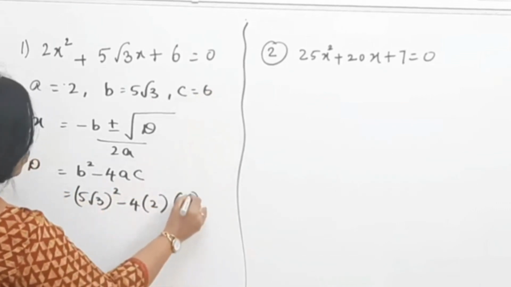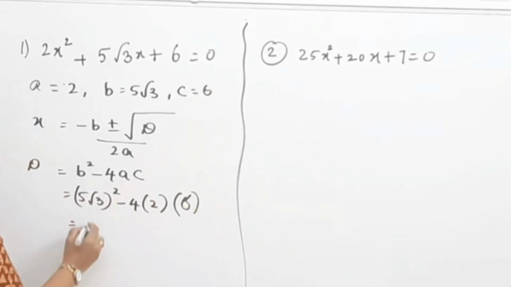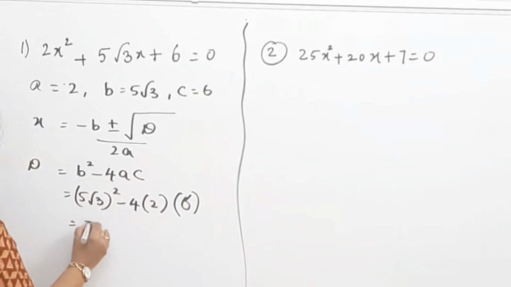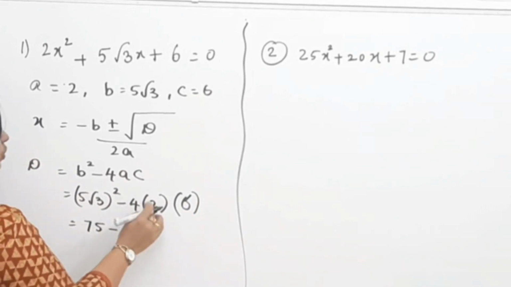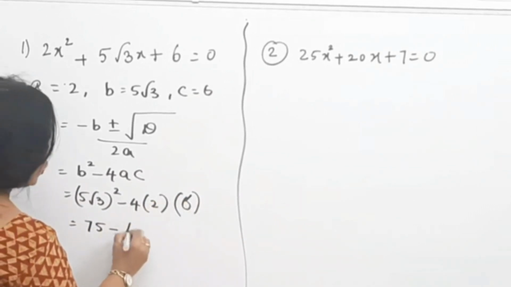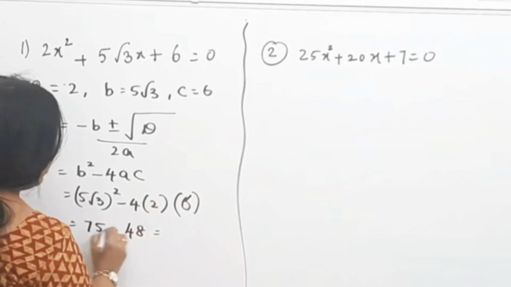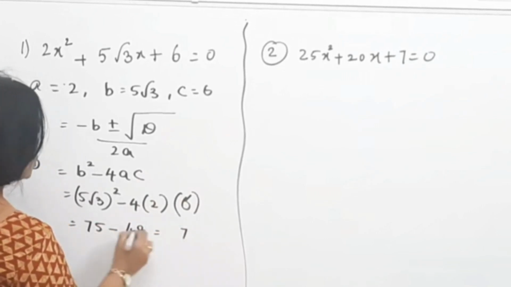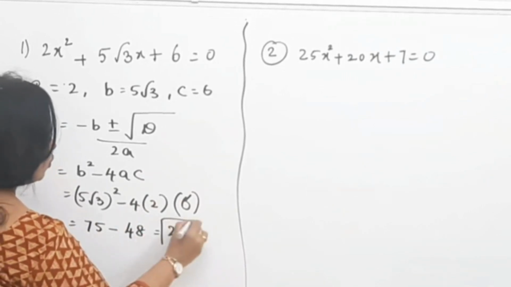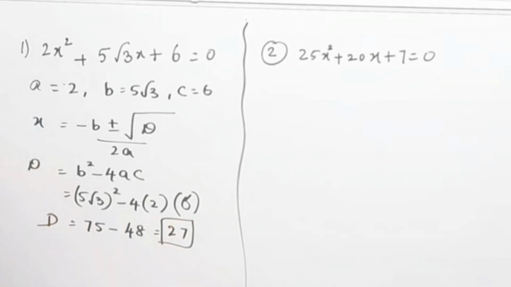So that's equal to, 5 square is 25, 25 into 3 is 75, minus 4 2s are 8, 8 6s are 48. So 75 minus 48 is 27. So my d is equal to 27. So my root d is equal to 3 root 3. I got my root d.